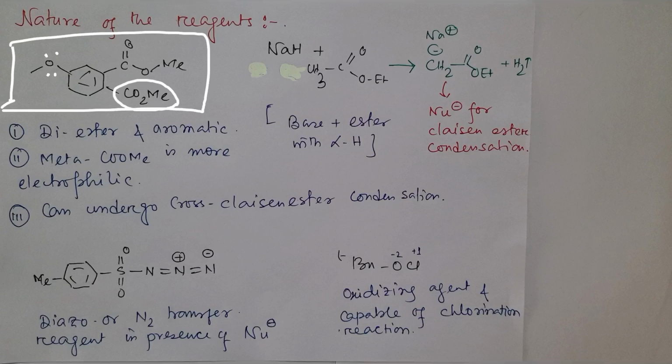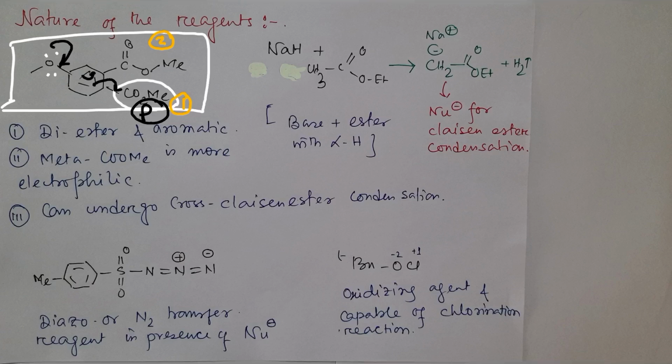So since we have two ester groups, ester number 1 and ester number 2, we can expect ester number 2 is more electron deficient, because ester number 1 is in direct conjugation, means it will give here, it will give here, this will come. So in this way, the electron deficiency is somewhat reduced for the para substituted. So 1 is actually a para substituted isomer. Fine. So this we understood.